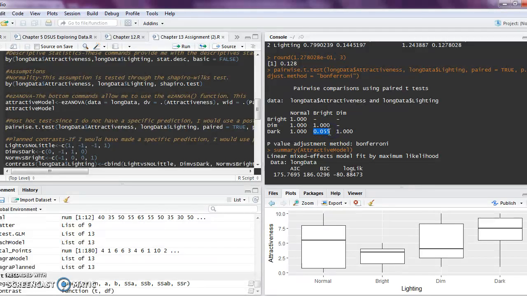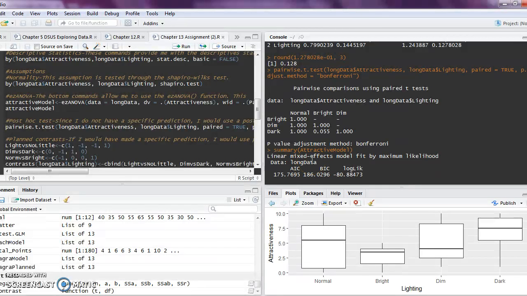So this is kind of neat. Essentially there is some form of effect, or well, not an effect, but a difference, is what I would like to say, in comparing dark to bright.